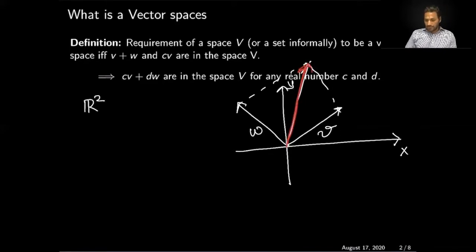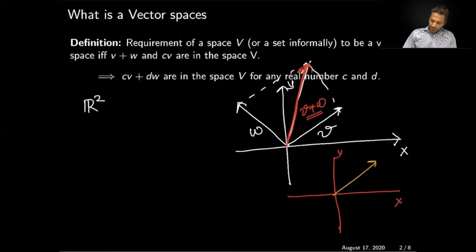So the first property is satisfied: V plus W are always going to stay in the XY plane. Let's look at the second property. If you have the XY plane again, and you take a vector V and rescale it, meaning you multiply that vector, let's suppose by 3, it increases the length of that vector by a factor of 3.